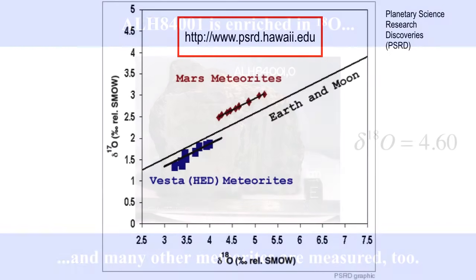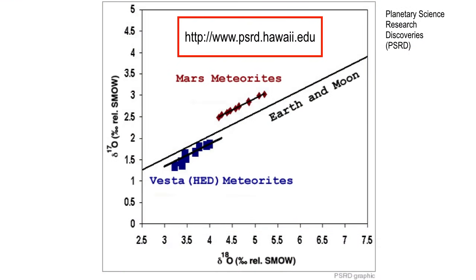Vince, close. Okay. Here's a graph: the vertical scale is delta 17, the horizontal is delta 18. So this is how you see the two ratios plotted up. You can see that Mars meteorites are hunks of rock, so they're not all at one value, but they do form a line.